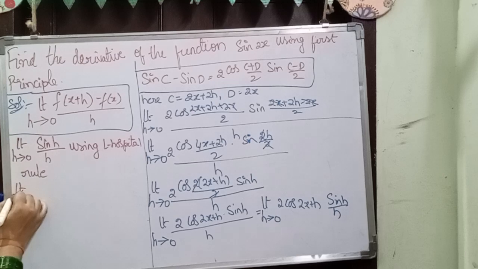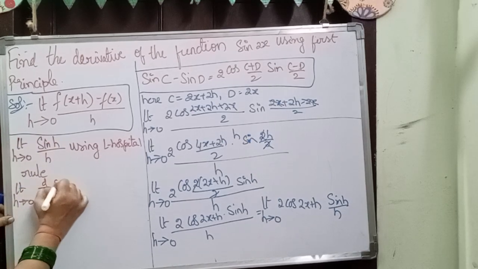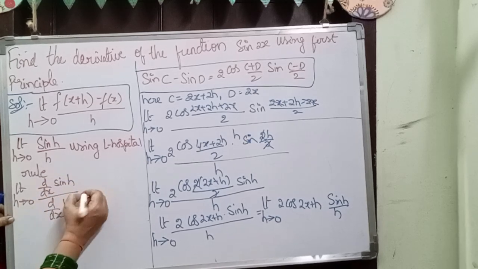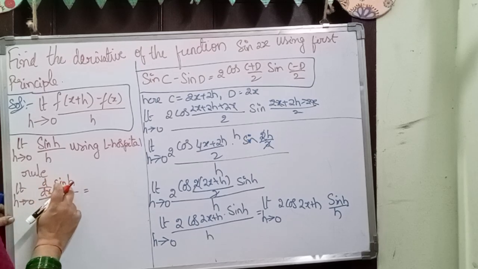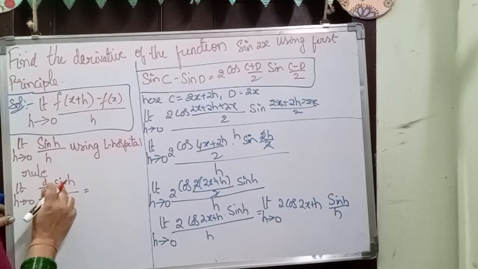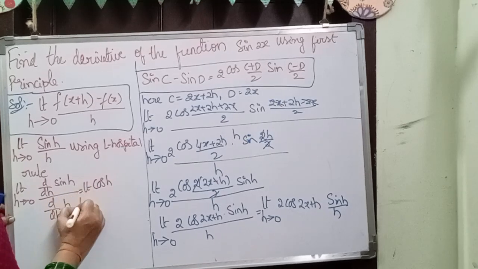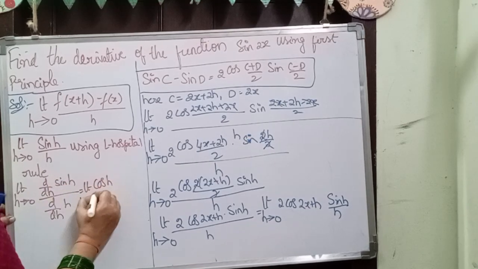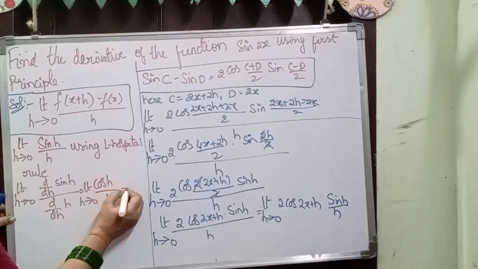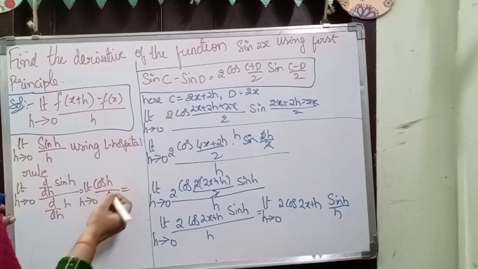What is that? Limit h tends to 0, we have to find d by dh of sin h over d by dh of h. If you do d by dh of sin h, what you will get? Cos h, limit h tends to 0 of cos h by d by dh of h, that is 1. So in the place of h you substitute 0. What you will get?